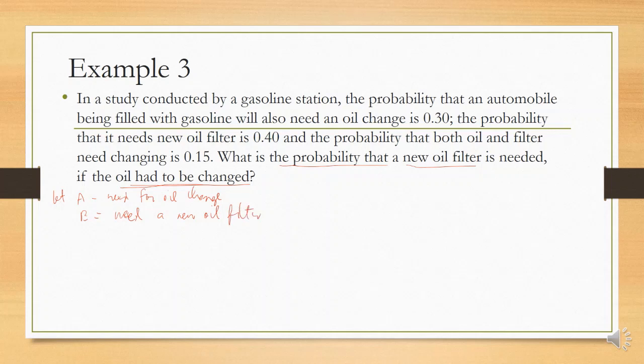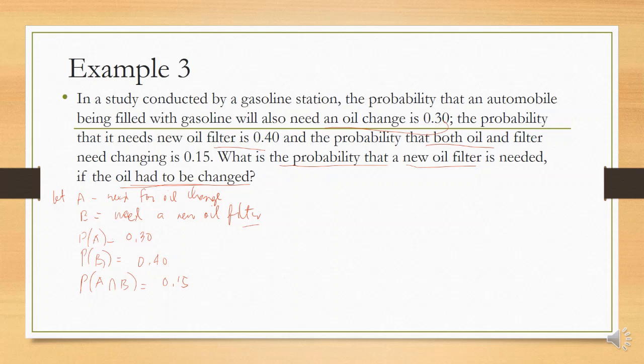So, the probability of A, ayan siya, the probability being filled that will also need an oil change is 0.30. Given yan. Ang probability of B na need ng new oil filter is 0.40. Okay? And the probability that it both needs oil and filter changing is actually P of A intersection B. So that is 0.15.